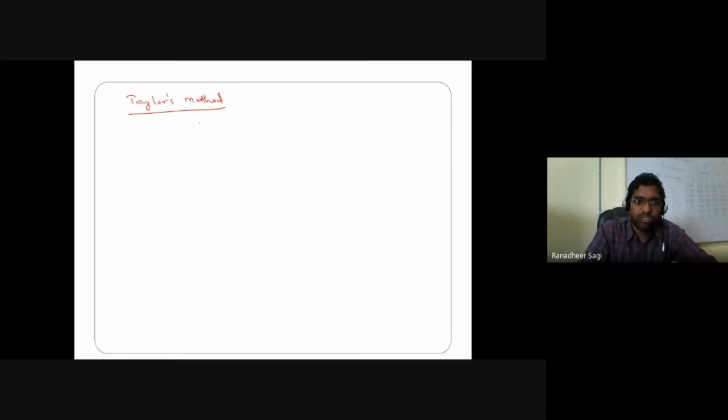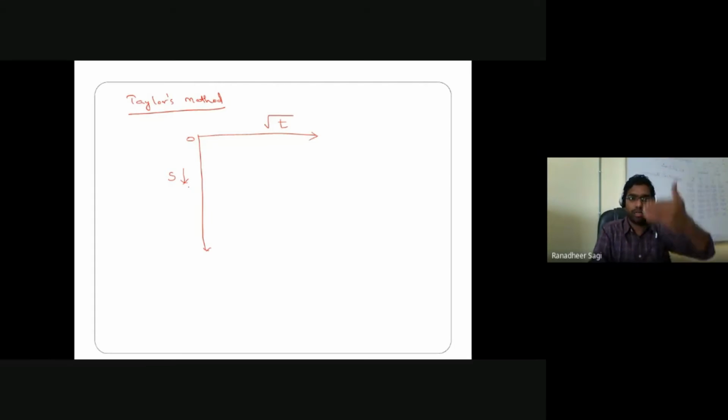Putting that in a graph, on the horizontal axis I represent the square root of time, and on the vertical axis the settlement, with 0 here and settlement increasing in the downward direction, and square root of time increasing in the rightward direction.